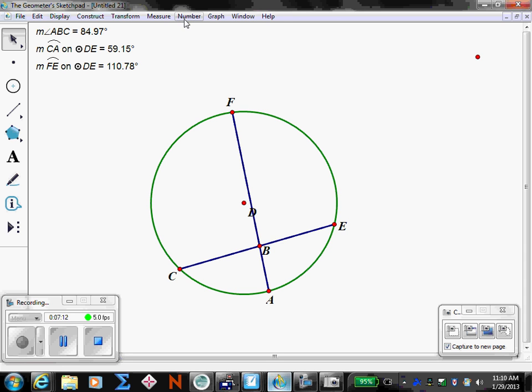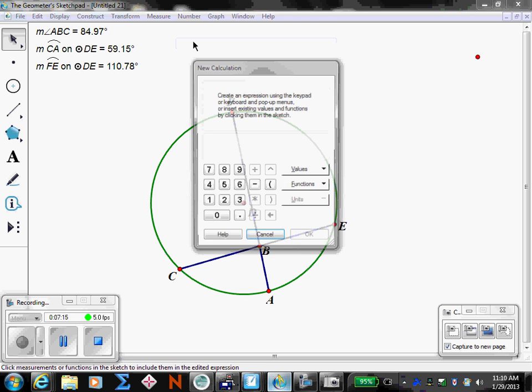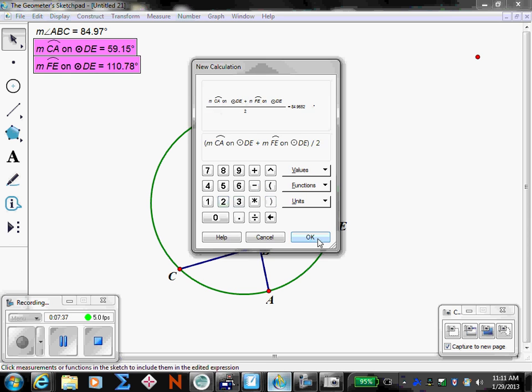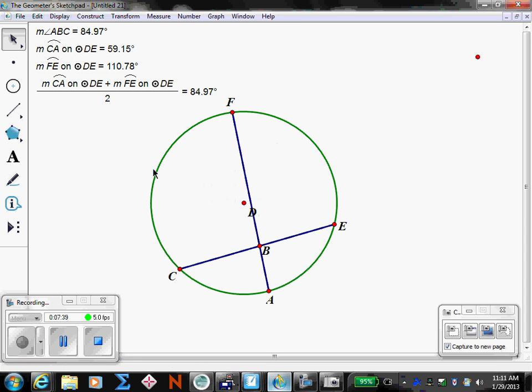When I go to my calculator and I add the 2 arcs together, and then divide it by 2, I get the same measure as my angle.